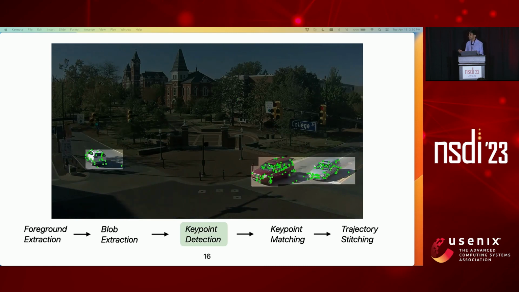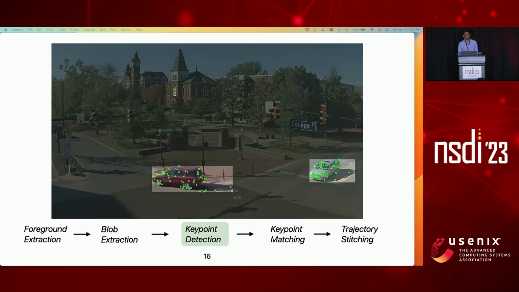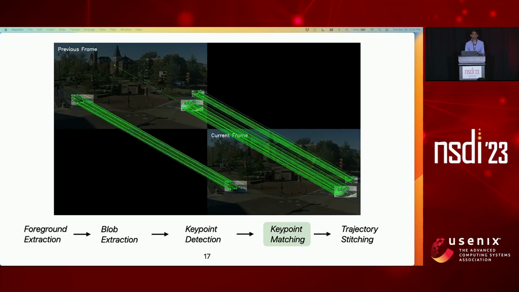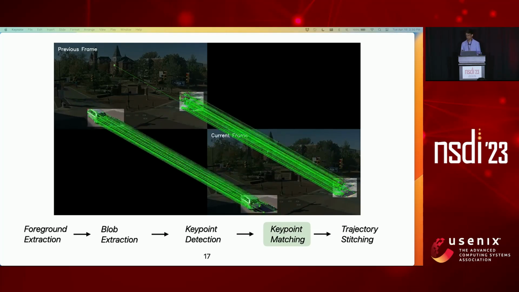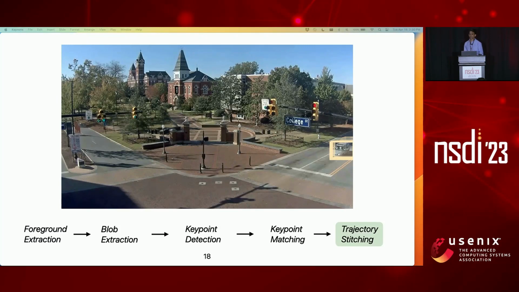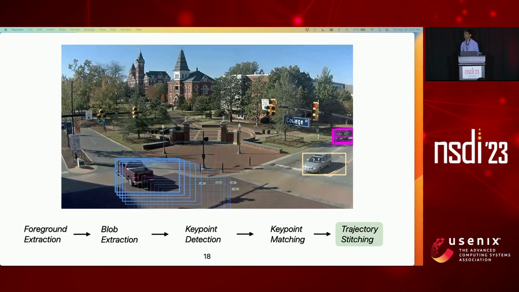And so what's neat about these key points and their descriptors is that they can be matched across frames. So the idea is if there's enough key point matches across two blobs on consecutive frames, we can link these blobs and say that they are now a match. We can apply this matching technique across frames and transitively link their output in order to build long-running trajectories of blobs across frames.